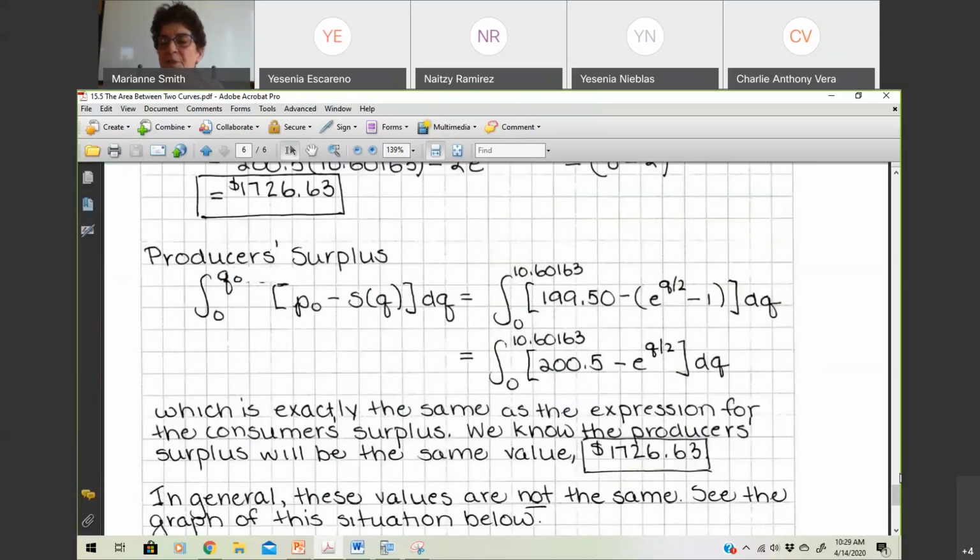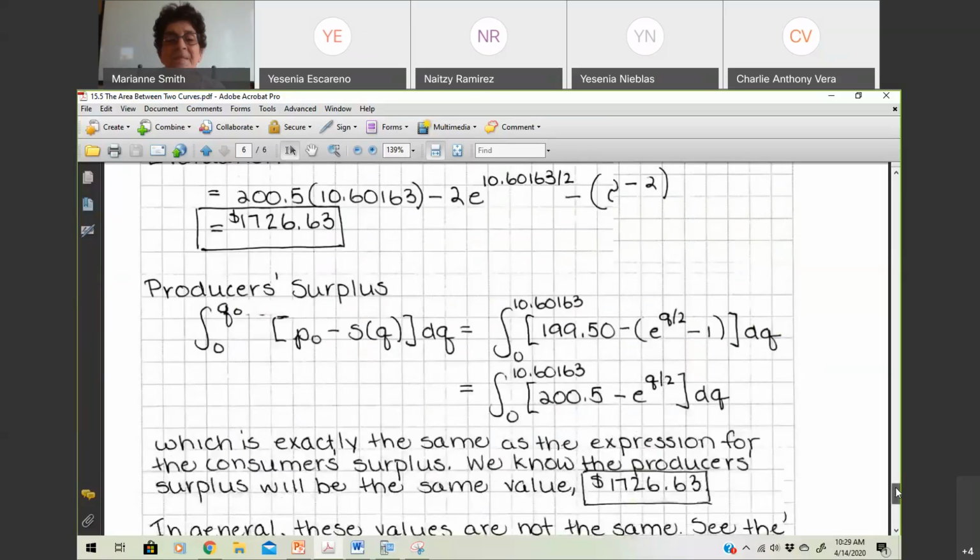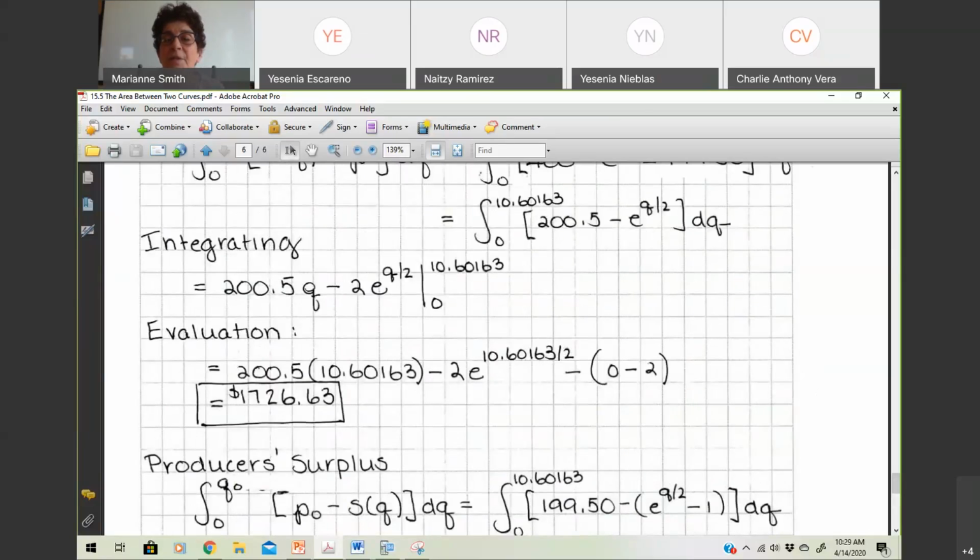Usually producer and consumer surplus are not the same value. But just make sure, because there are probably some applied problems, are you okay with the way this is computed?